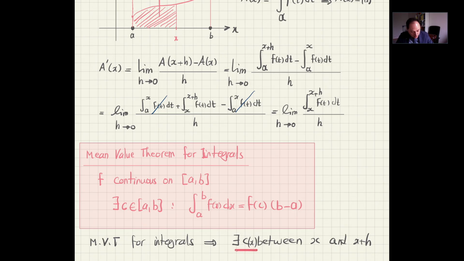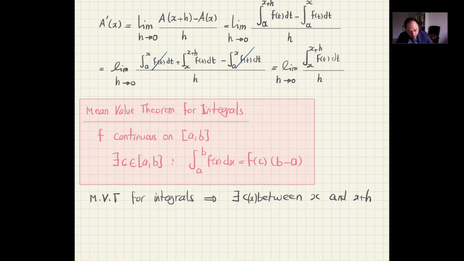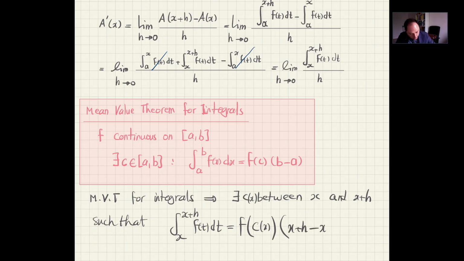So there exists a c of x between x and x plus h such that the integral from x to x plus h of f of t dt becomes f of that c of x multiplied by, you see, the upper limit minus the lower limit. So the upper limit here is x plus h minus x.